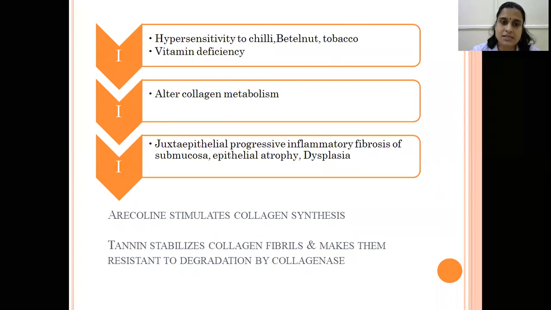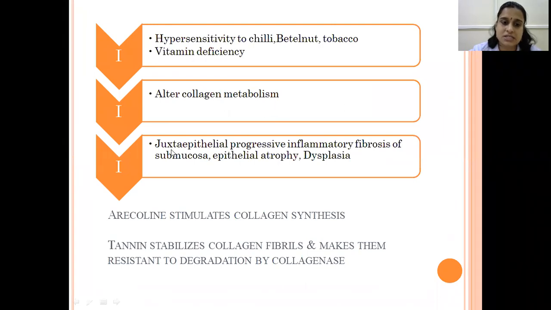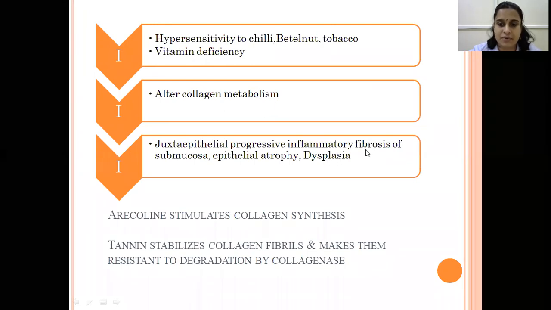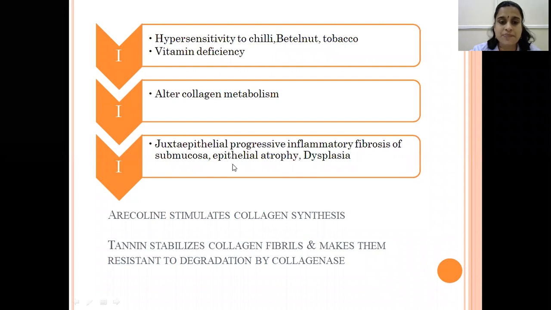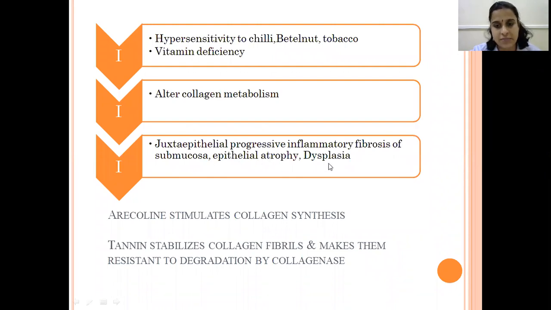How is this caused? The pathogenesis: the patient has hypersensitivity to chili, betel nut and tobacco. Also, in presence of vitamin deficiency, there is alteration of collagen metabolism. This causes juxtaepithelial progressive inflammatory fibrosis of the submucosa, also epithelial atrophy and dysplasia.